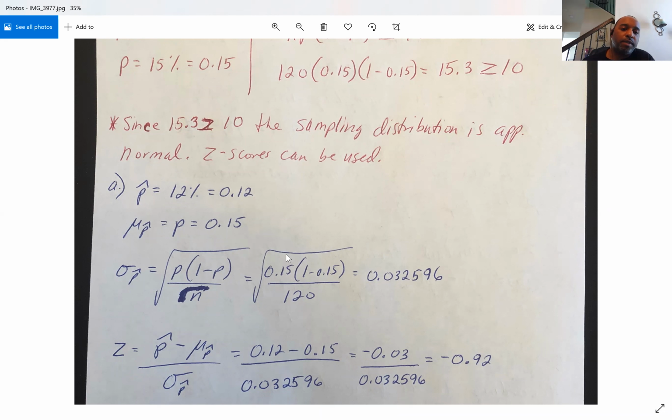To find the standard deviation, do the square root of P times 1 minus P over N. I made a mistake and put the square root over N. I tried to blot it out, but I don't know why I didn't use whiteout. Anyway, it's the square root of 0.15 times 1 minus 0.15 over 120. That gives me 0.032596.